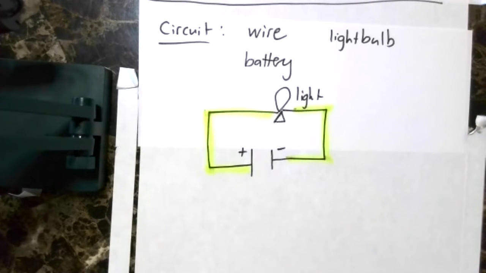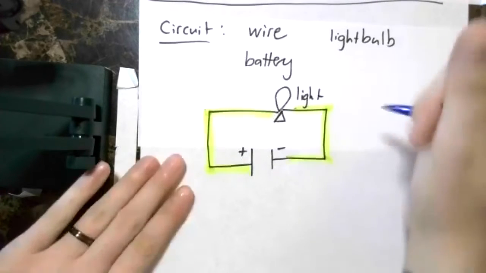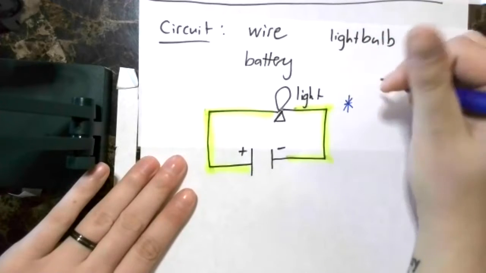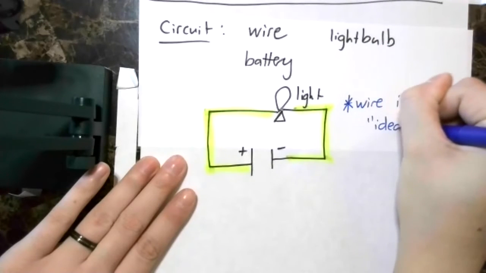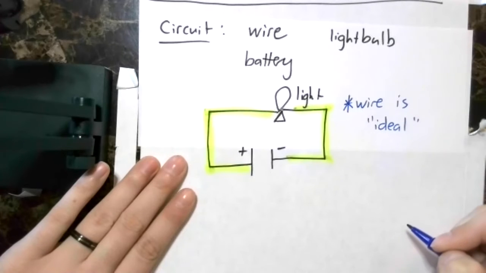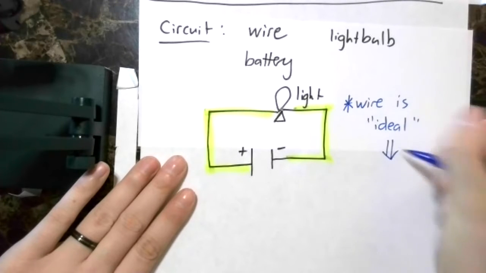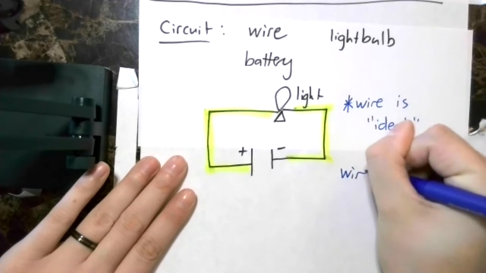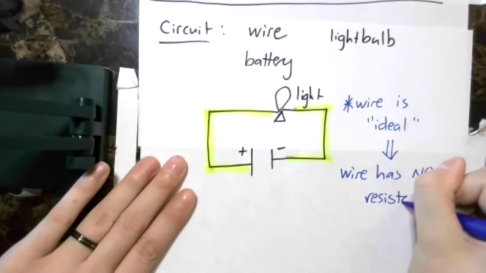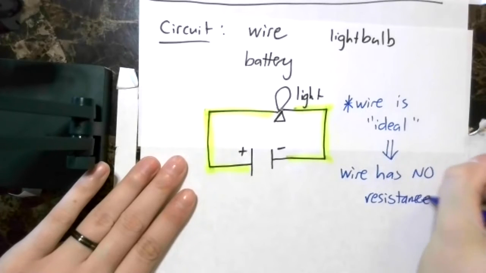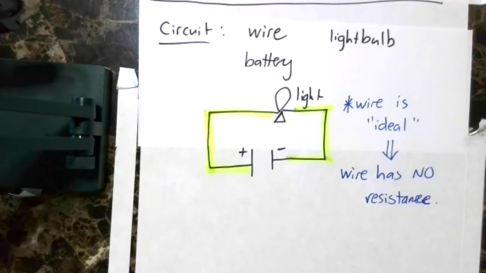Okay, so I am going to say that this wire is ideal, meaning that the wire has no resistance.